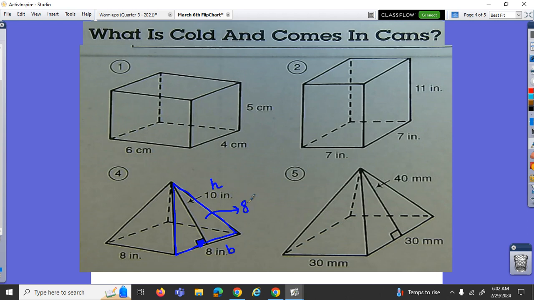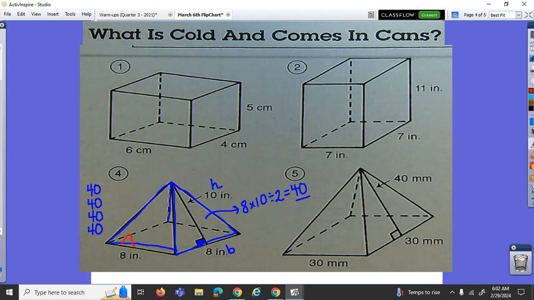So that would be 8 times 10 divided by 2, which would be 40. This pyramid's a little bit easier because all 4 of the triangles are the same size. So we basically will need 4 of these. So 40, 40, 40, 40. And then we have a square on the bottom.